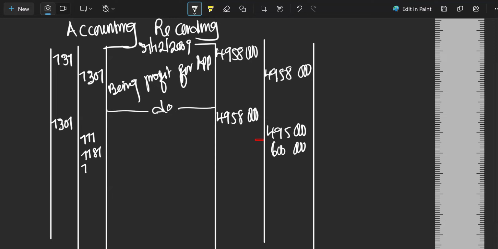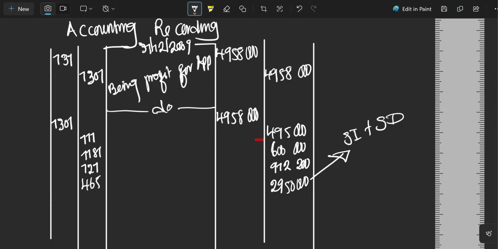Then we had the carry forward of 912,200 francs. Then we had 465, that's the amount received by them, 2,950,000 francs. I want to say that this amount is statutory interest plus super dividend. So this one is being profit appropriation.